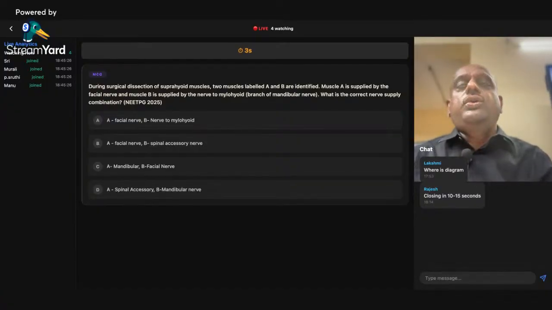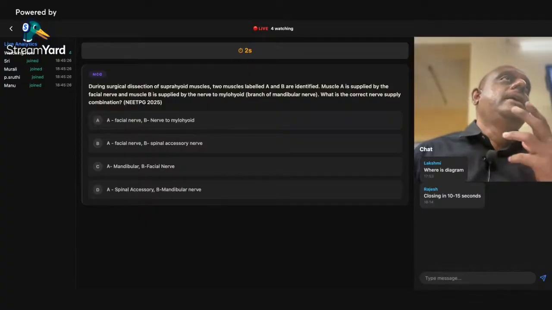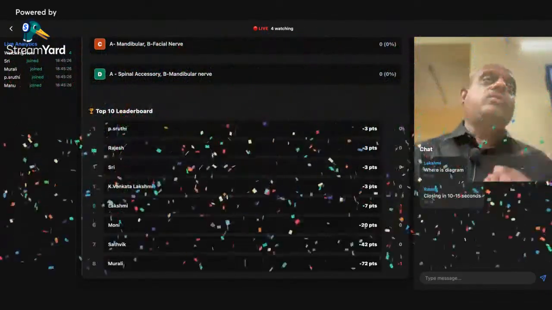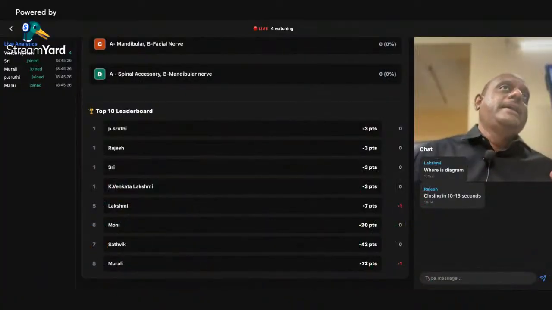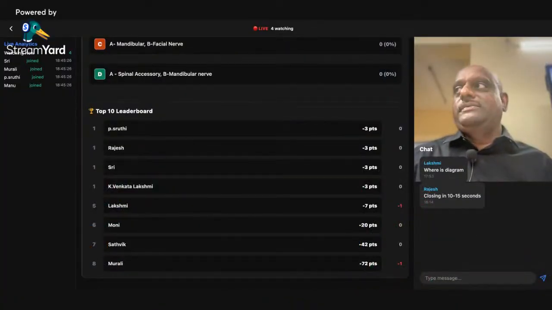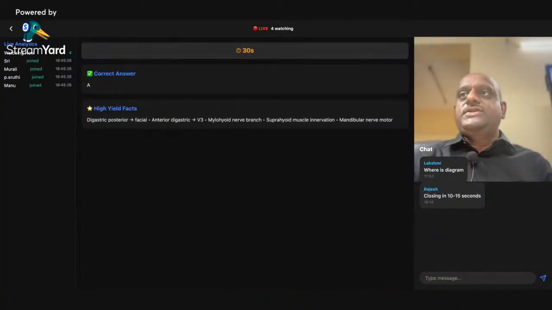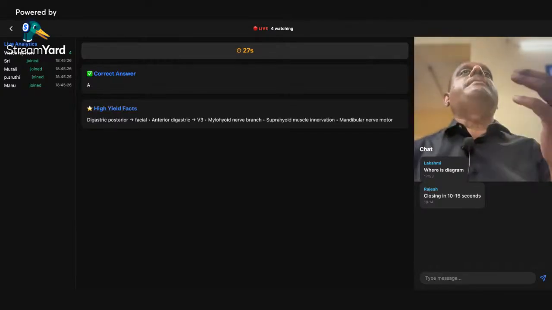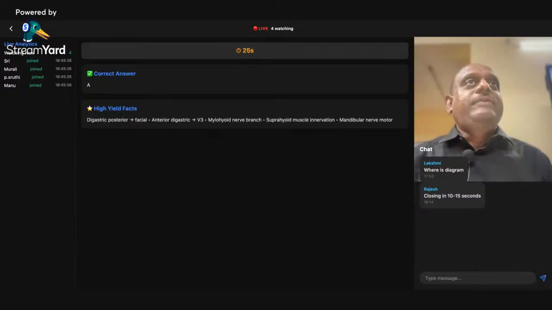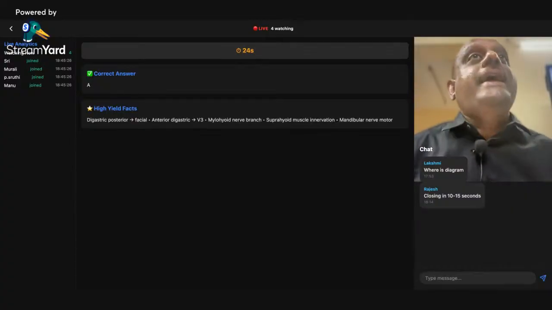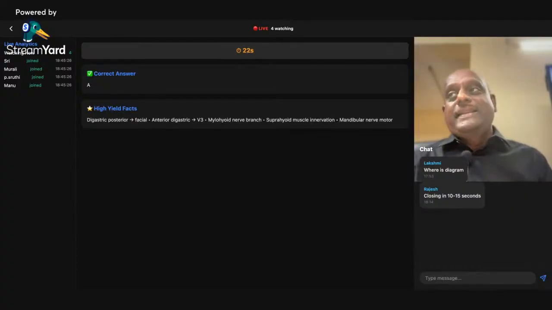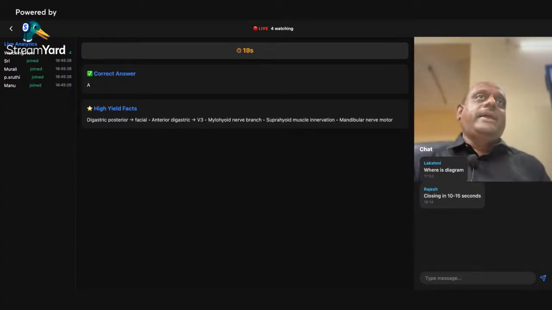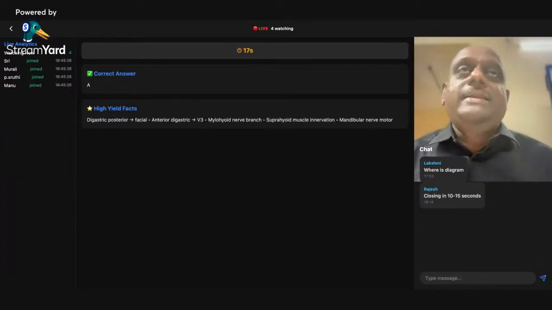So you should know here one very important thing. What are the muscles supplied by the facial nerve and what are the ones which are supplied by the fifth cranial nerve, right? Now, let's see. Digastric posterior belly is supplied by the facial nerve, whereas anterior belly of the digastric is supplied by the mandibular, the mylohyoid nerve, right, of the trigeminal.